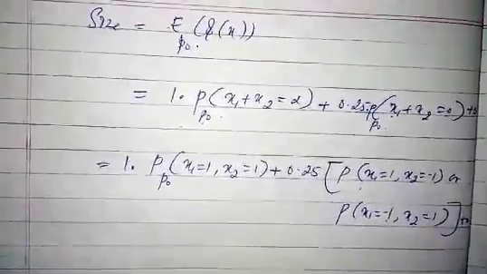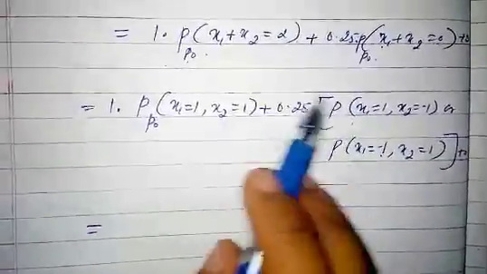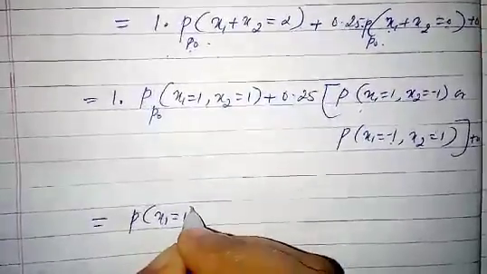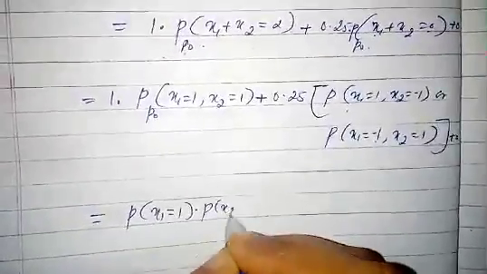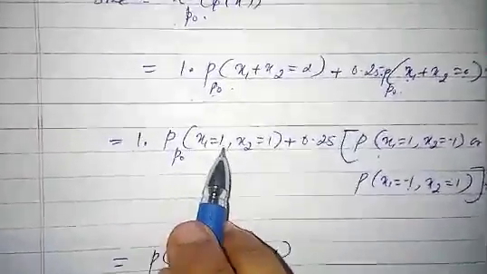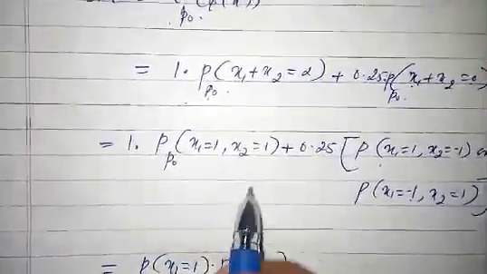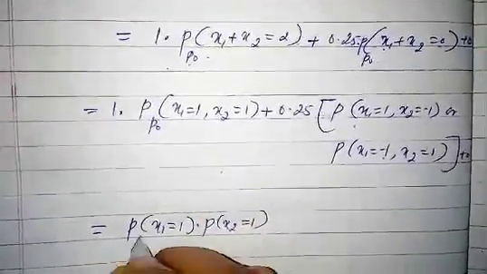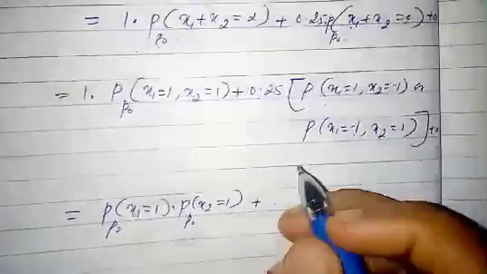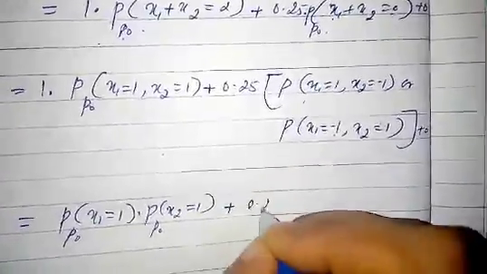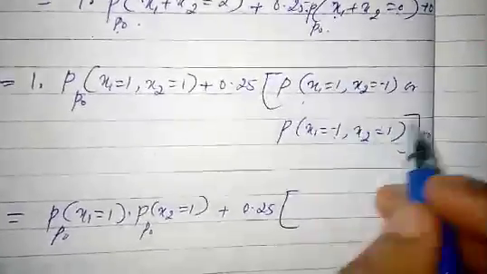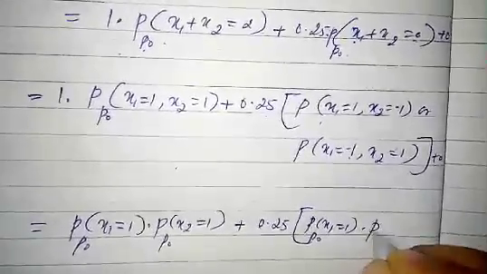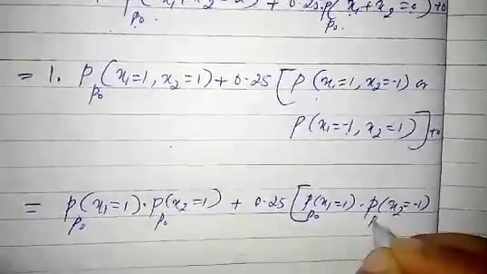Then we can write this term as the probability of x1 equal to 1 times the probability of x2 equal to 1. The probability of x1 and x2 both equal to 1 we can write as the probability of x1 equal to 1 times the probability of x2 equal to 1 under p naught. And for the term 0.25 times, we can write it as the probability of x1 equal to 1 under p naught times the probability of x2 equal to minus 1 under p naught.